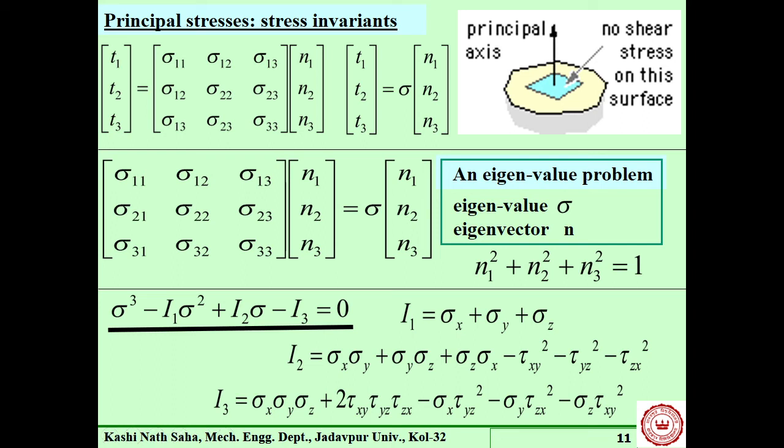You understand that? Okay, so they are invariant. So for a given state of stress, we can compute these invariants, and from these invariants we write this cubic equation, and then we can solve it. How many roots will there be? 3, because it's a cubic equation, to the power 3.